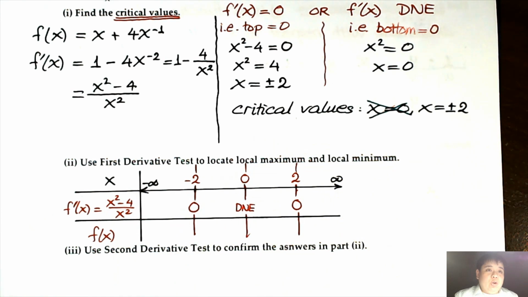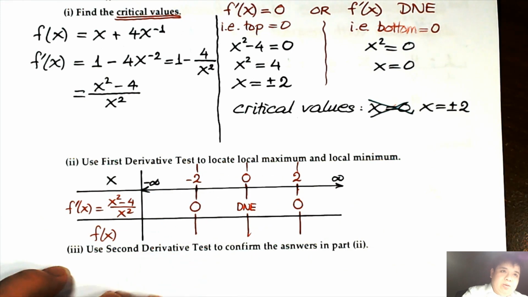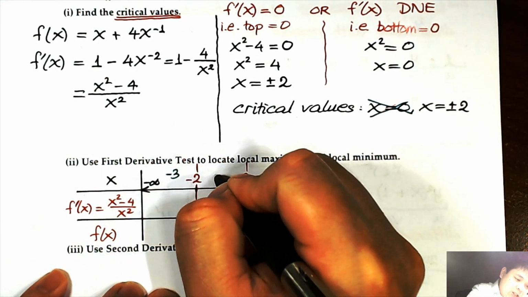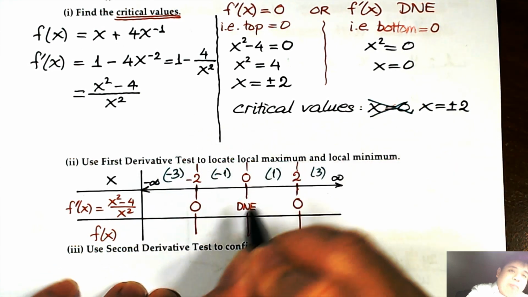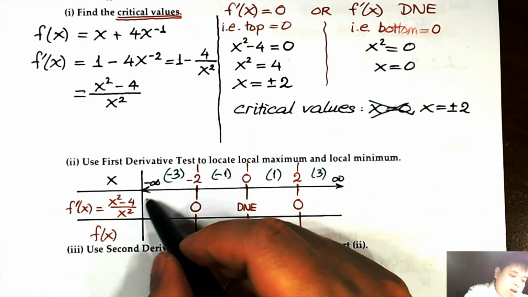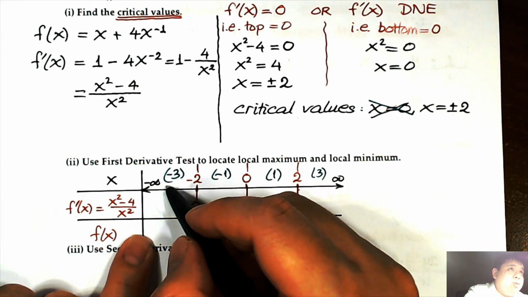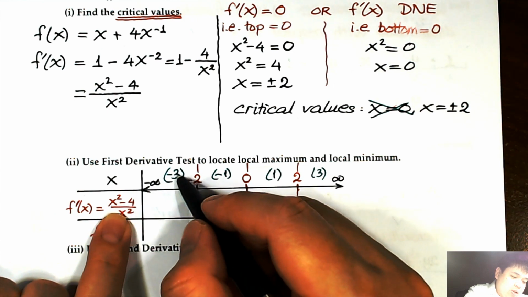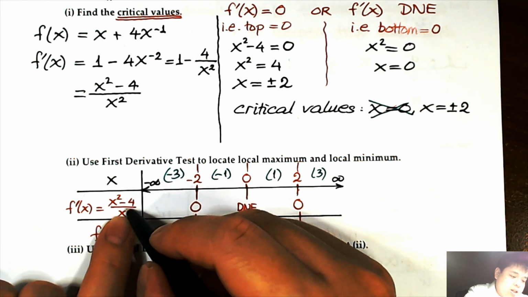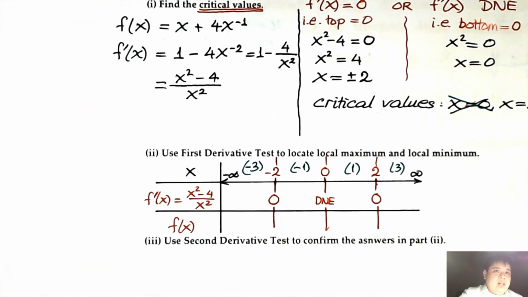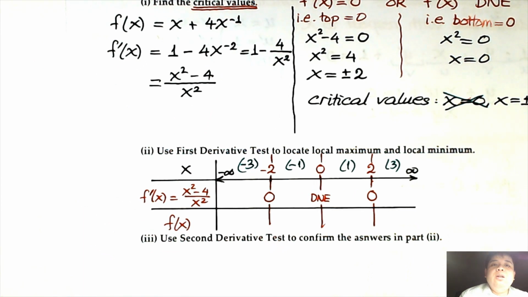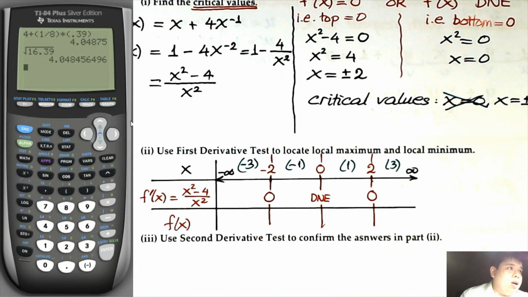Next we're going to choose a point in between each interval. So I choose negative 3, negative 1, 1, and 3. I'm going to put those values into the derivative. Negative 3, x squared, put in negative 3 for x, it's going to be 9. Of course we can do this on the calculator as well. I'm going to put the function into y equal.